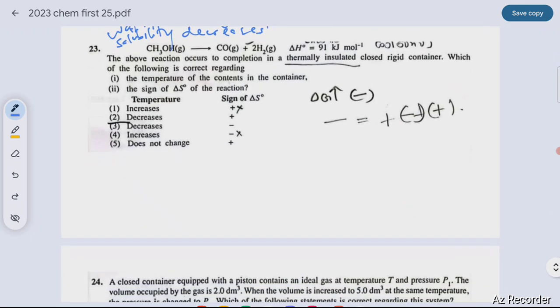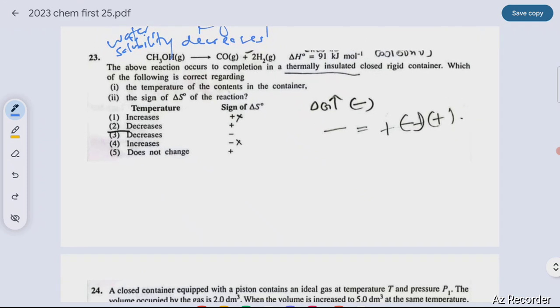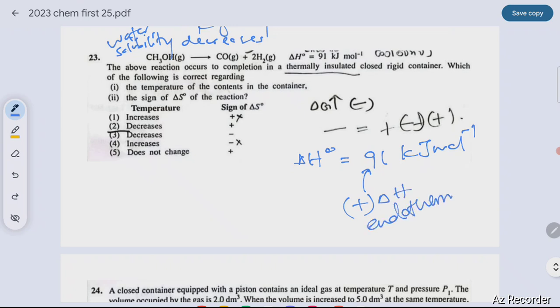Next, 23rd question. CH3OH gives CO plus 2H2, and delta H naught is given as 91 kilojoules per mole, which means this is positive. Positive delta H means this is an endothermic reaction.